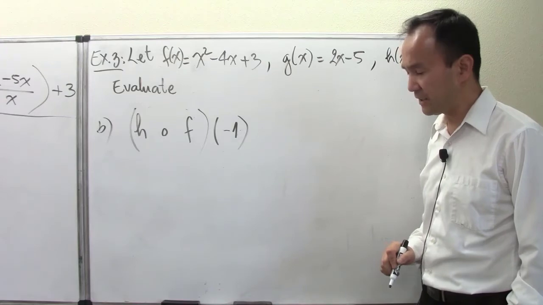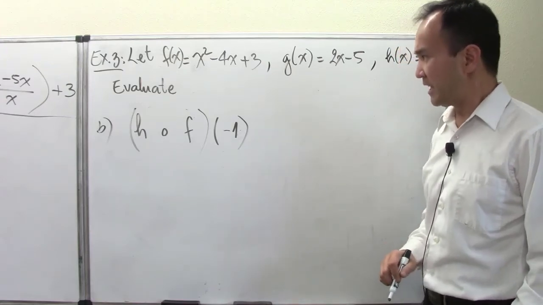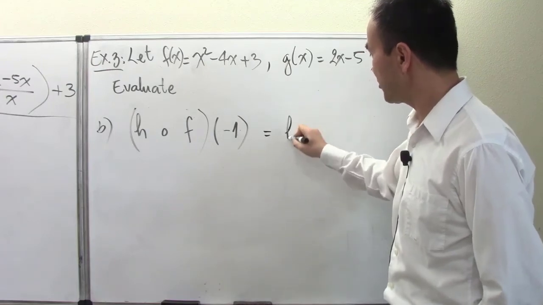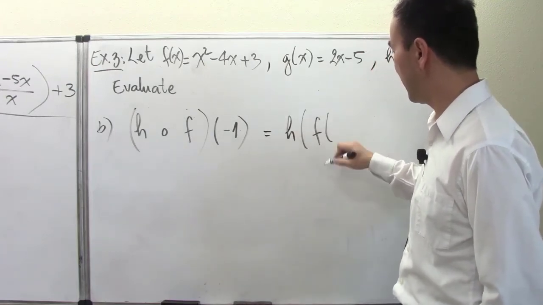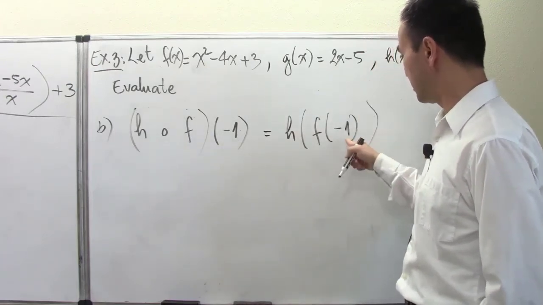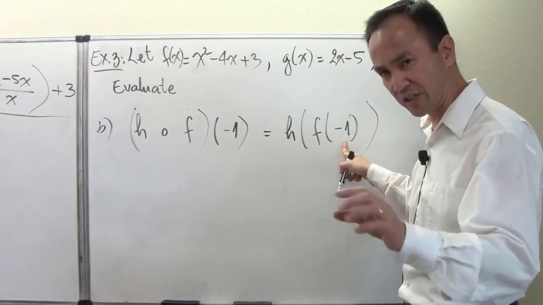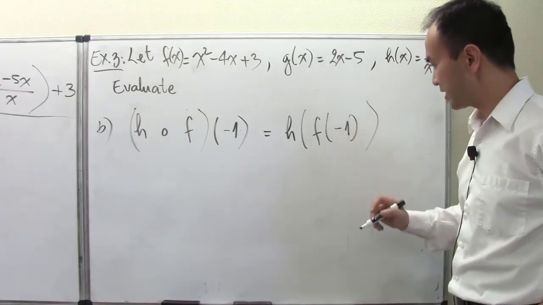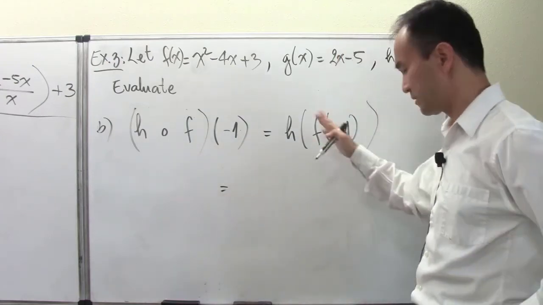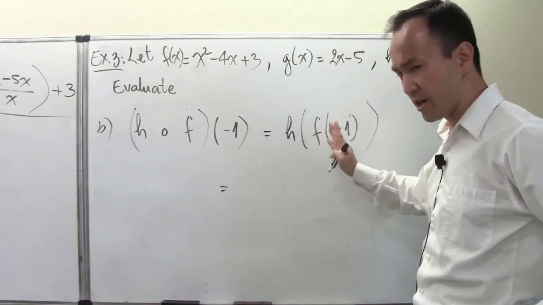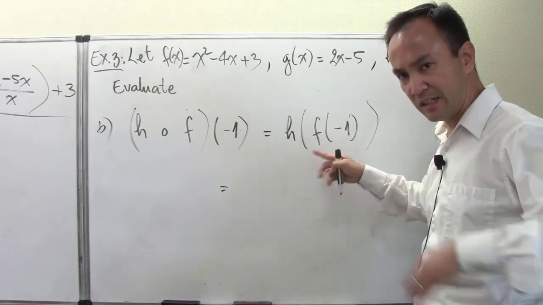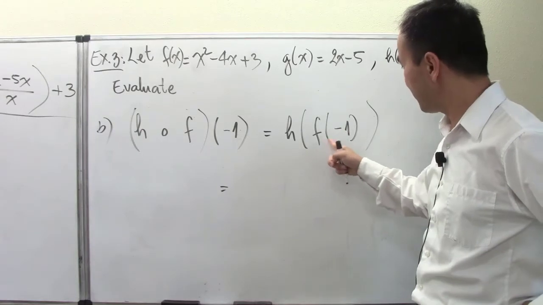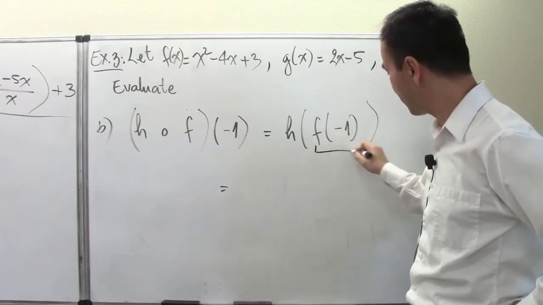H of f at -1. And the way it reads, this -1 right here is the starting input, like that chart I drew earlier. So -1 is the starting input. That means the order is going to go from the inside out. So here I see f of -1 first. So let's take care of what f of -1 is.